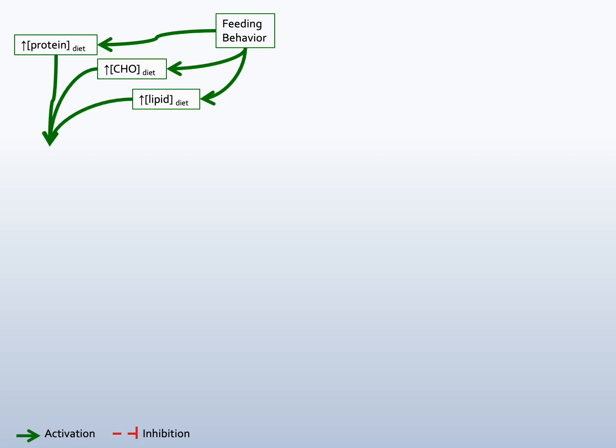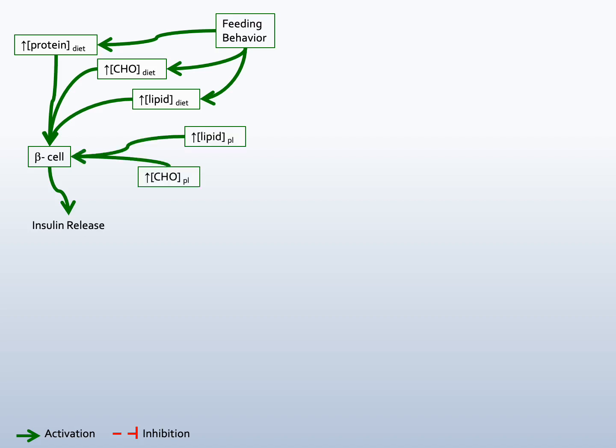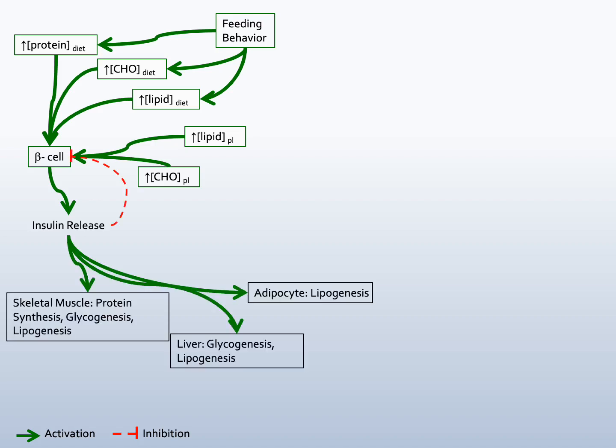Feeding behavior is going to increase sensation of foods coming into the mouth. This is going to stimulate the beta cells, particularly once we start stimulating the beta cells via the GLUT2 transporters, because we start sensing carbohydrates and lipids in circulation. This is going to initiate an insulin release. The insulin is going to immediately feed back on the beta cells so as to not over-release insulin.